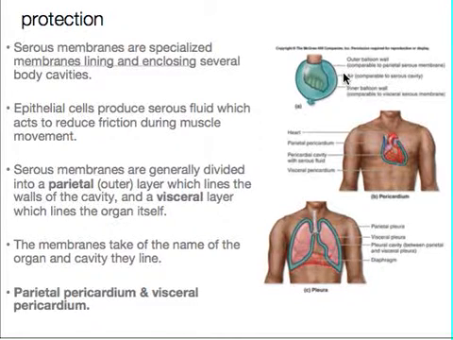When we look at the protection of the heart, there's a very interesting system. We have a serous membrane system that protects the heart, and also the lungs, and it goes around the gut too, which looks a little different, but we'll talk about that when we get there.